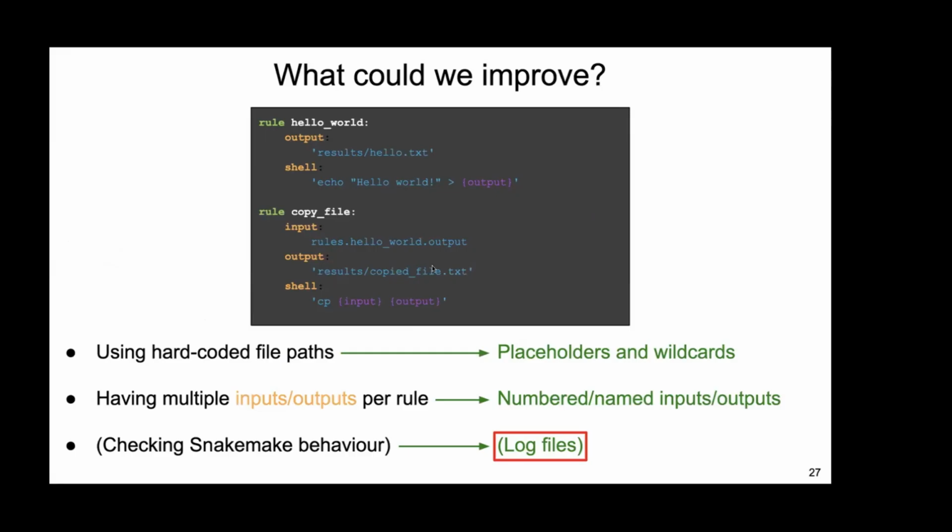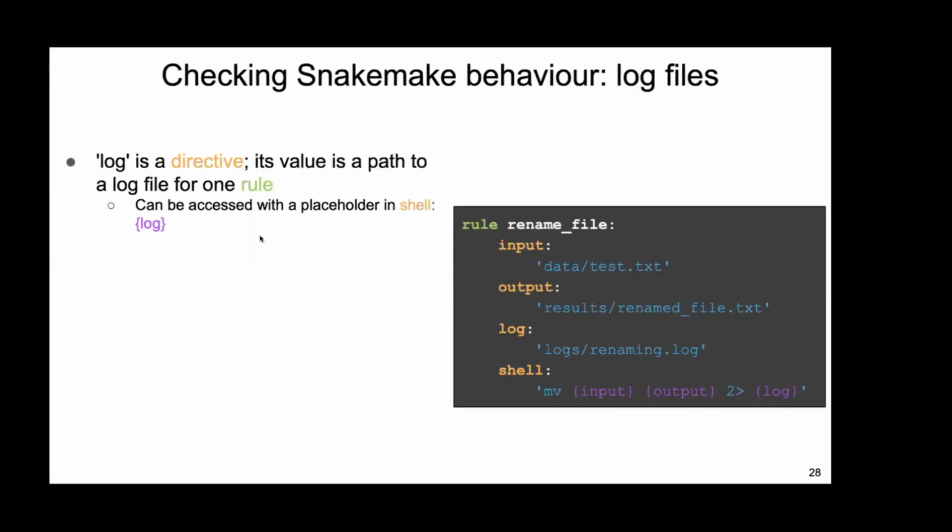Great. And so now we go into the last part, which is a bit more optional, but we still include it because we think it's important. And it's the usage of log files to actually check the behavior of Snakemake once you have run your pipeline. So for that, we use a new directive that we introduce now that is called the log directive.